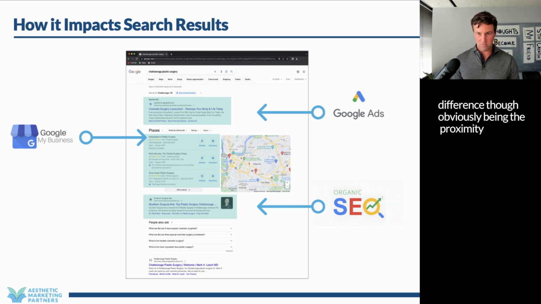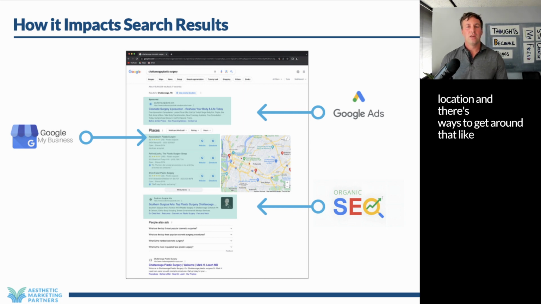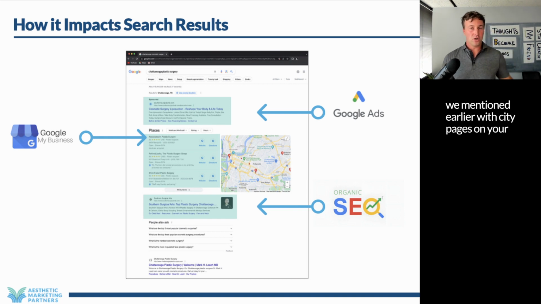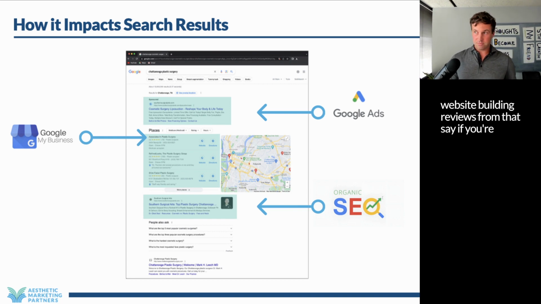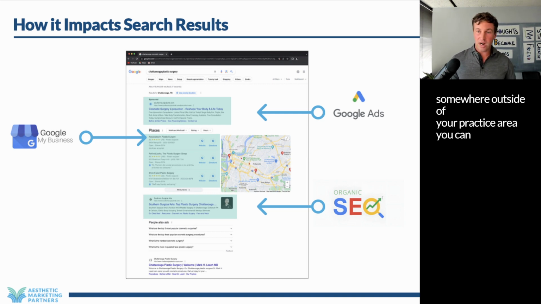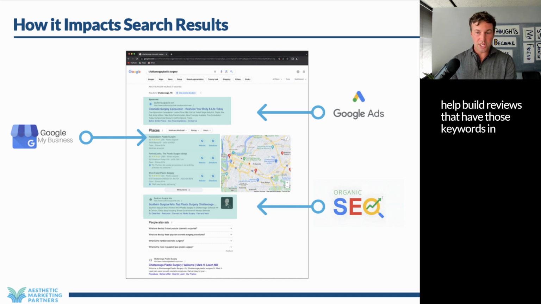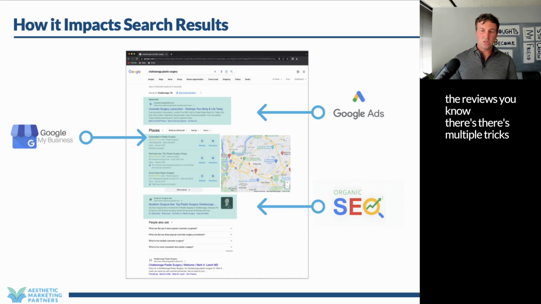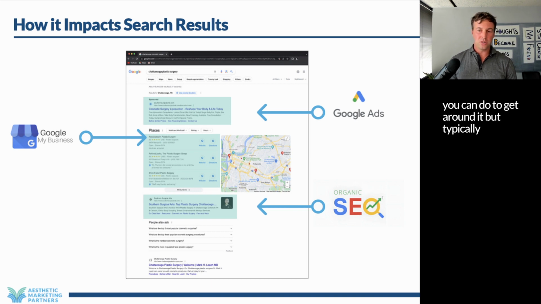The difference is the proximity of the person searching to your actual practice location. There are ways to get around that, like we mentioned earlier, with city pages on your website and building reviews. Say you're giving a service in Cleveland, Tennessee, or somewhere outside of your practice area, you can help build reviews that have those keywords in them. There are multiple tricks you can do to get around it, but typically it's about proximity to your actual location itself.